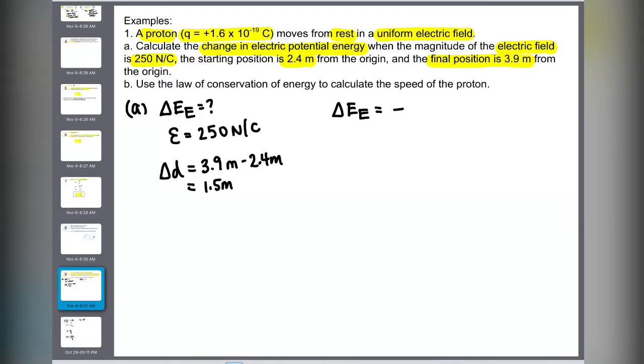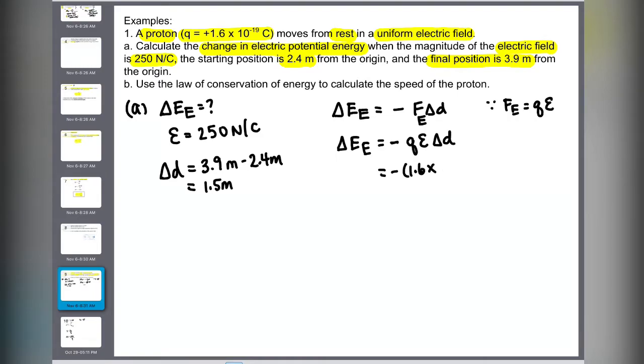All right, delta EE is negative, and the change in electrical energy, meaning work, is going to be the force times the displacement. We learned that the force is Q epsilon, with the force field, so delta EE equals negative Q epsilon times delta D. They gave me my charge, my epsilon and the displacement.